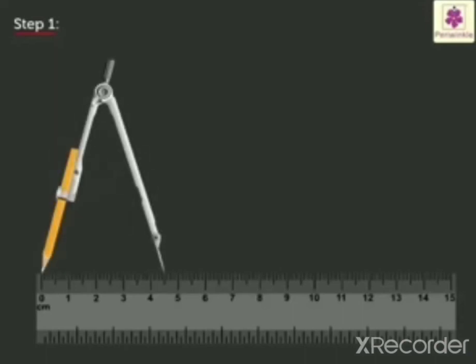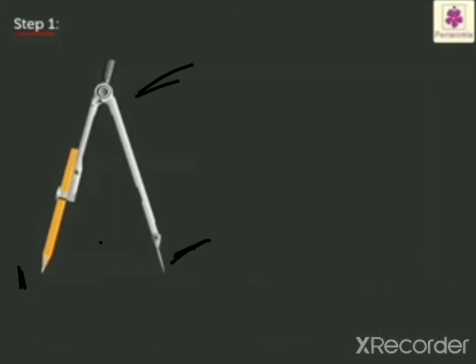Now put your divider, this is your compass, on the scale. One end point on 0 and the other on 4.5 because our radius is 4.5. Now this green line, this distance is 4.5. Now we have measured the distance 4.5.